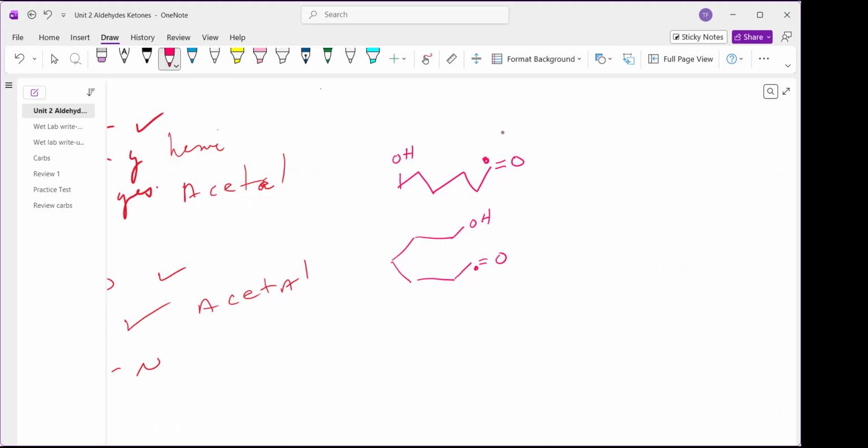So what happens is this guy attaches there. So this is going to be the hemiacetal.